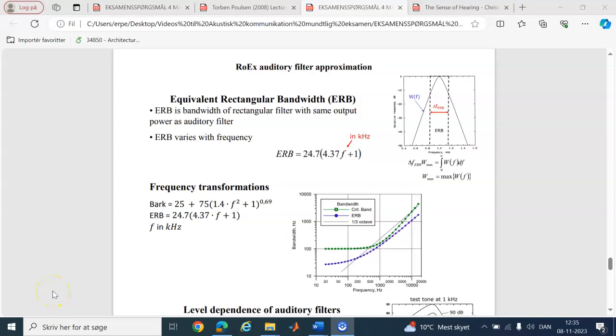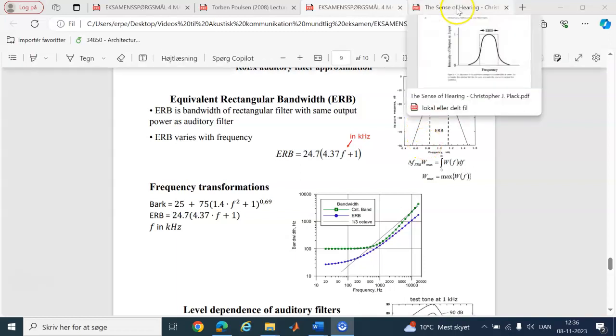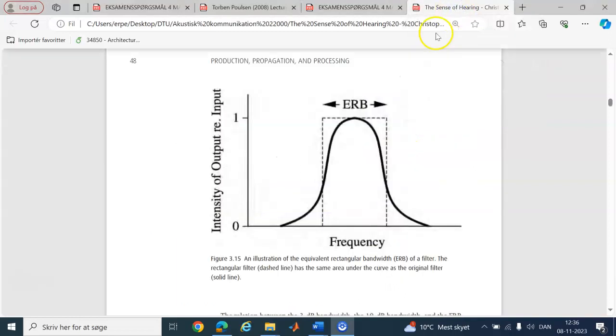Now I will talk a little bit about equivalent rectangular bandwidth (ERB), which is defined as the bandwidth of a rectangular filter, shown here in this figure, with the same output power as the auditory filter. This is the broad one. This is the ERB here. The drawing was a little bit sloppy; here is better.